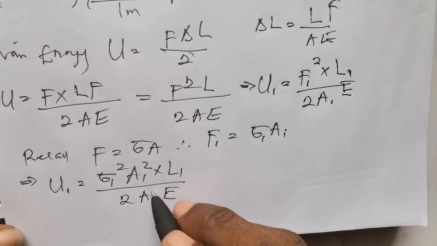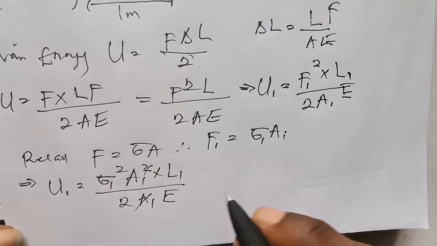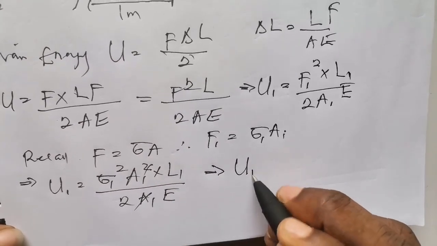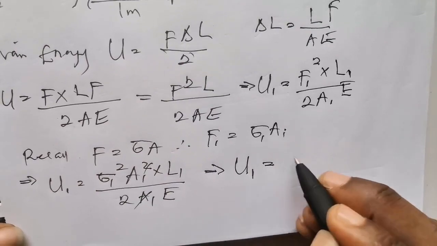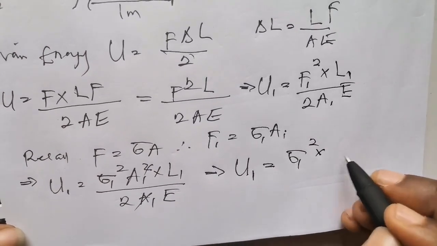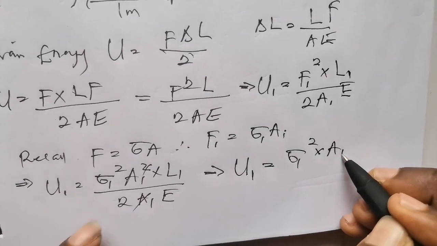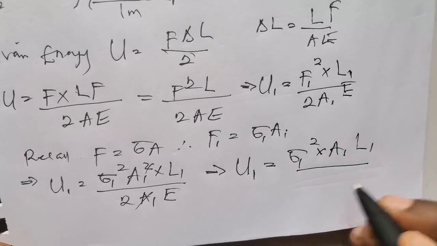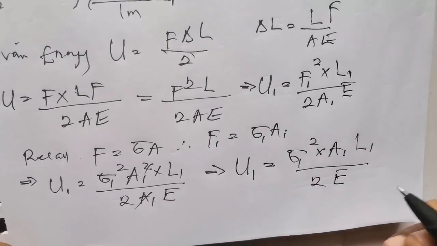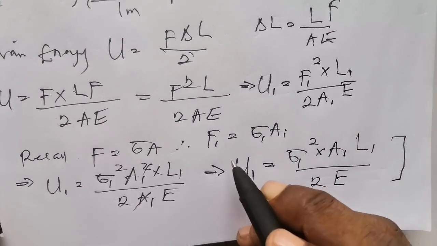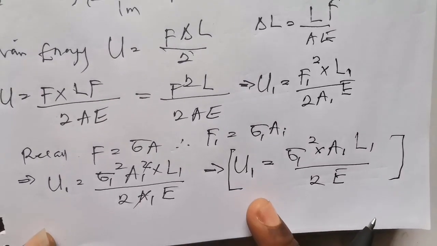So from here, area 1 cancels one of this area. That simply implies that our strain energy for the first bar is simply stress 1 squared multiplied by area 1, multiplied by length 1, all over 2 times Young's modulus. So this is the strain energy which we are going to be using to carry out this calculation. So this is for the first bar.